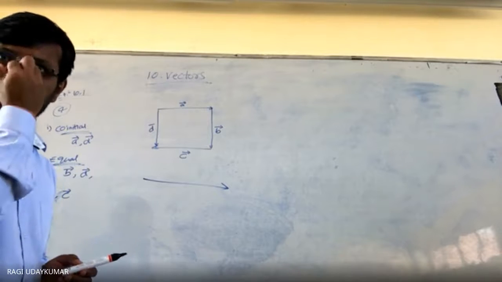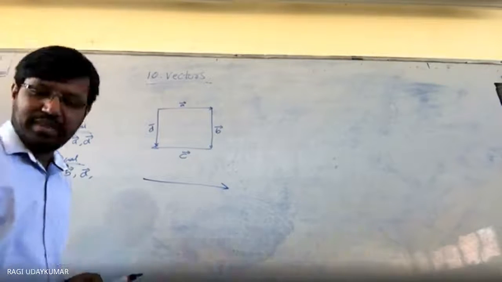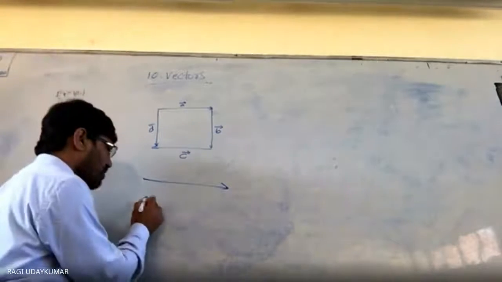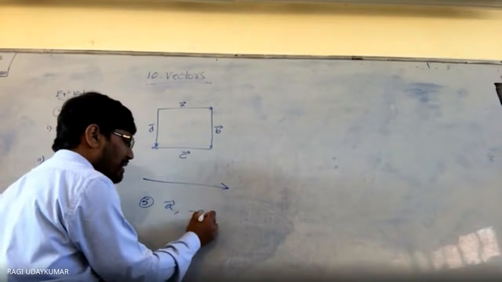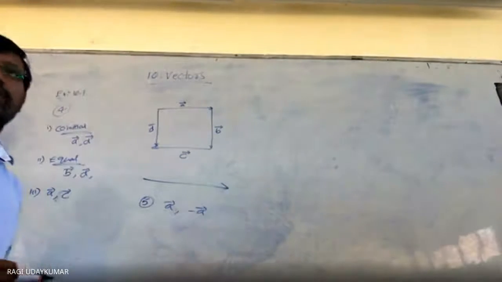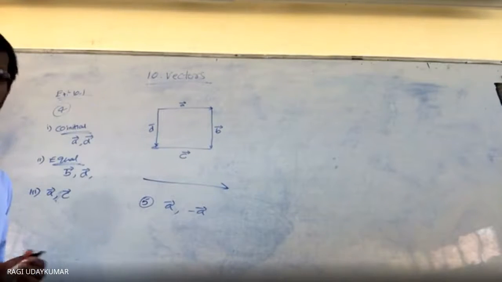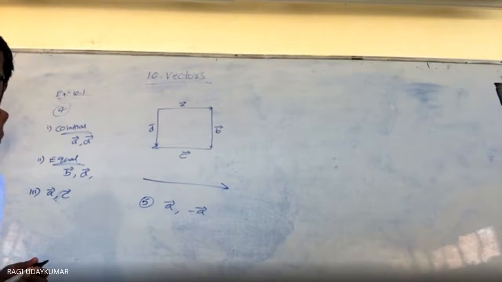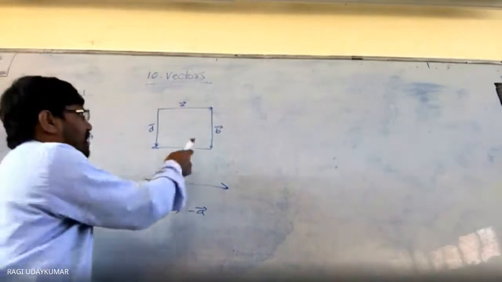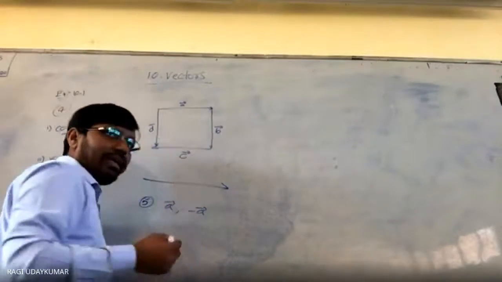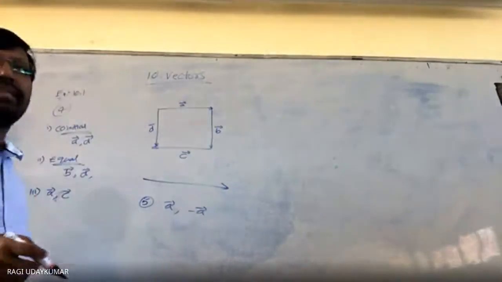Next, answer the following. It is given in the fifth question. Very simple. Whether true or false is being asked. A and minus A are collinear is being asked. It will be parallel, right? Yes, it will be parallel. The same vector in the opposite direction, and they are parallel.